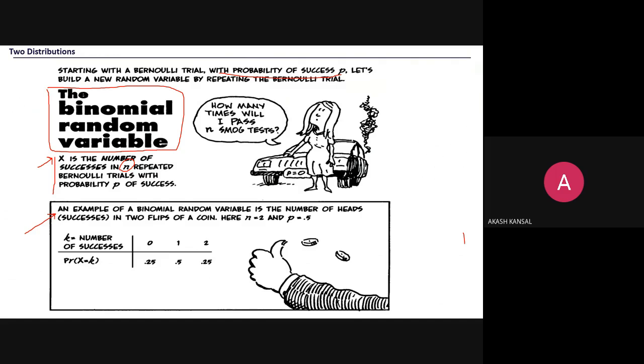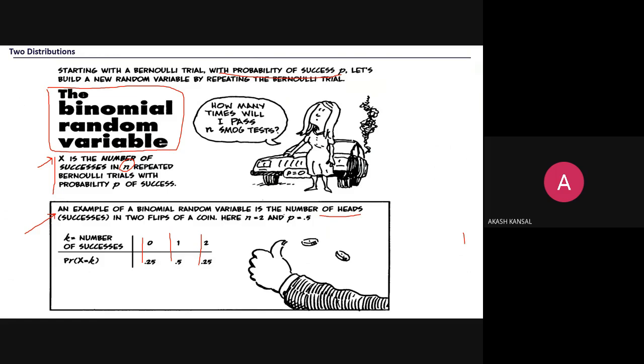Once we have tossed the coin 2 times, and the binomial random variable assumed here is the number of heads coming up, what are the possible values the random variable x can take? It can be 0, 1, or 2, right? And what are the probabilities? For 0, it's 0.25. For 1, it will be 0.5. And for 2, it will be 0.25, right? So this is a binomial random variable.